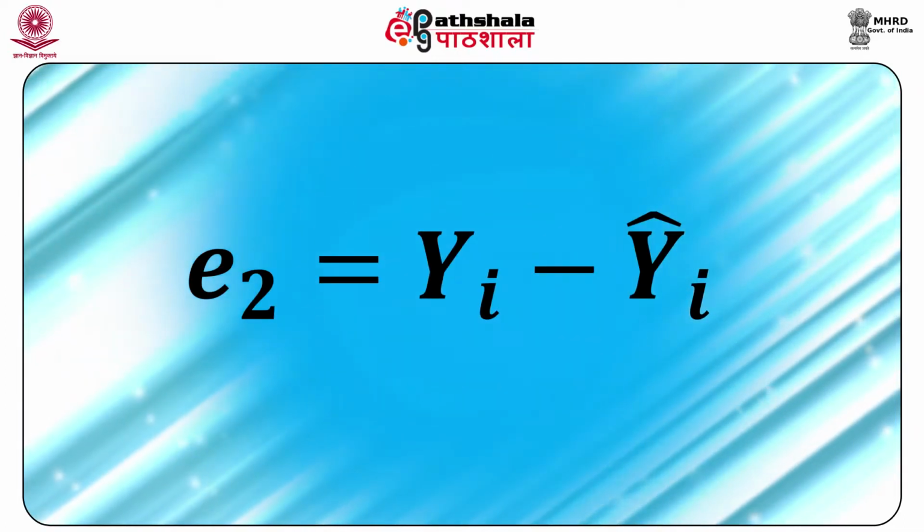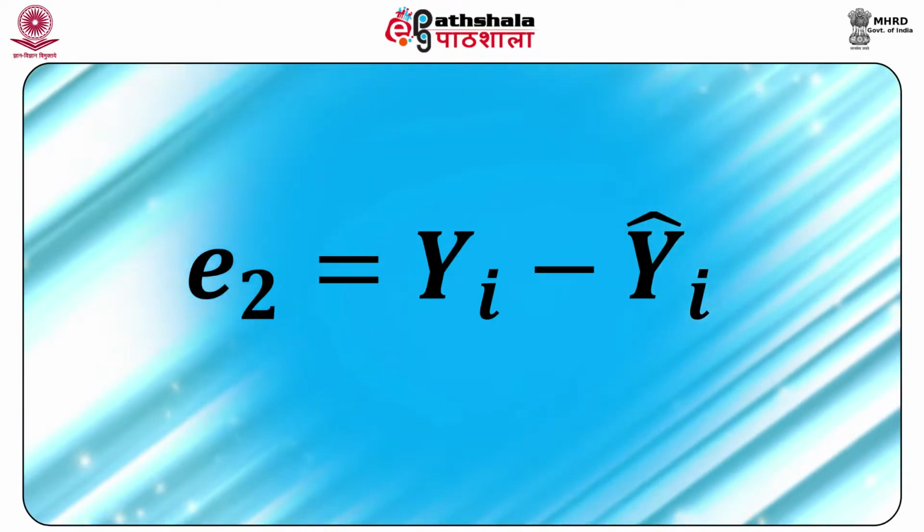The error term e2 is equal to yi minus yi hat, and similarly values for e1, e3, e4 and so on can also be calculated.